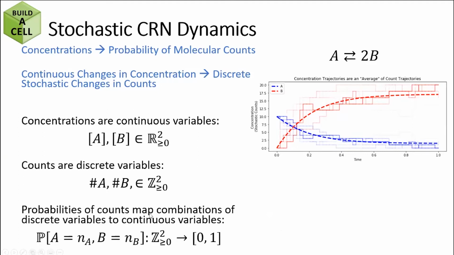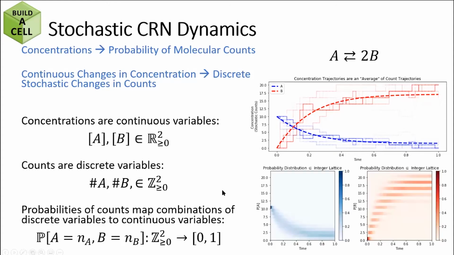And a probability of counts is a map from combinations of discrete variables to continuous variables. So what does that mean? That means I can have some probability that I have NA of molecule A and NB of molecule B, which is really a probability distribution defined on my entire integer lattice, which goes to a probability, which is a real number.